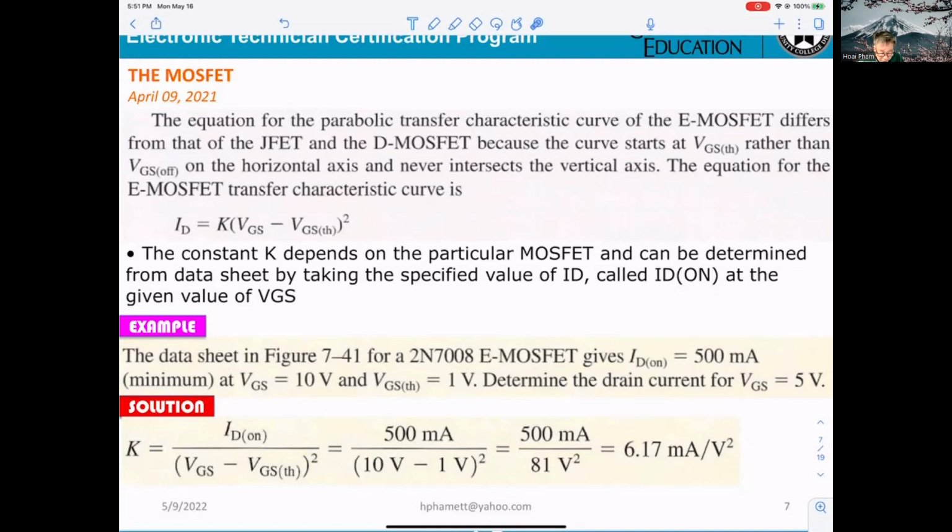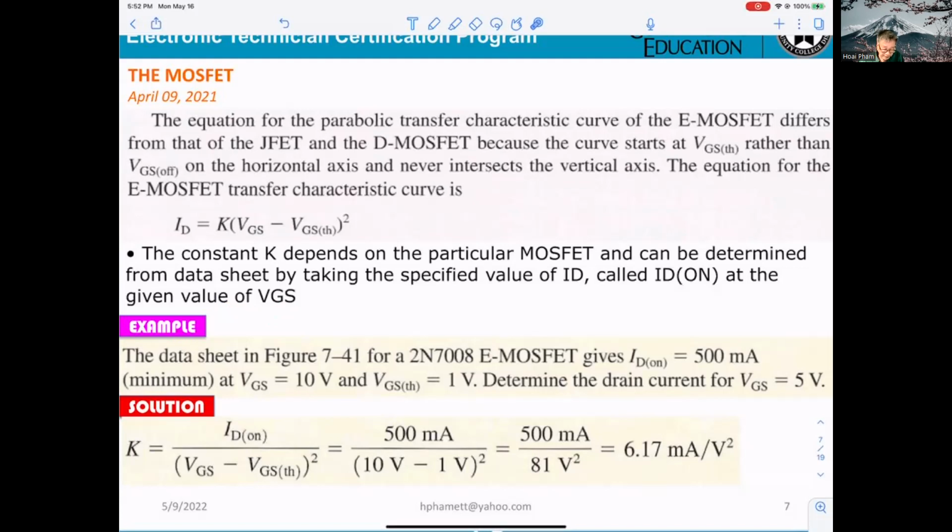The constant K depends on the particular MOSFET and can be determined from the data sheet by taking the specified value of ID(on) at the given value of VGS.